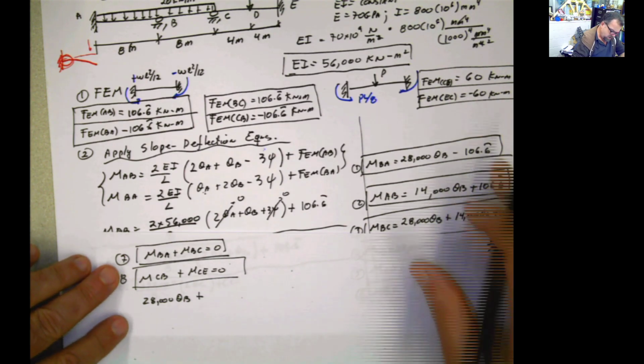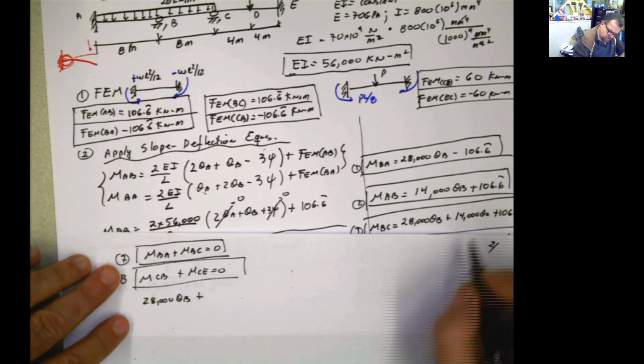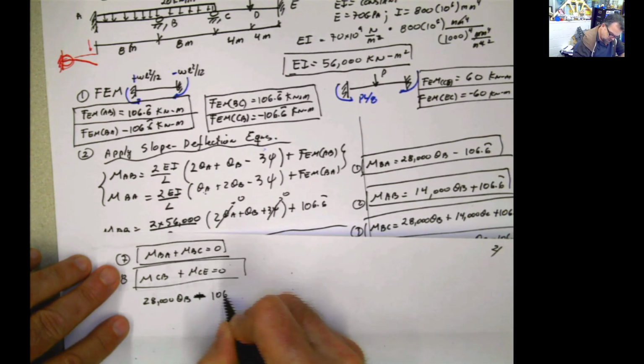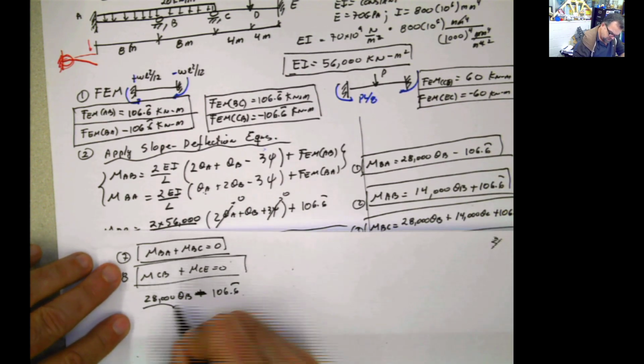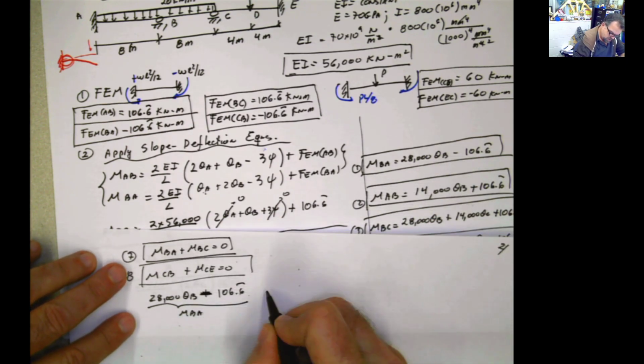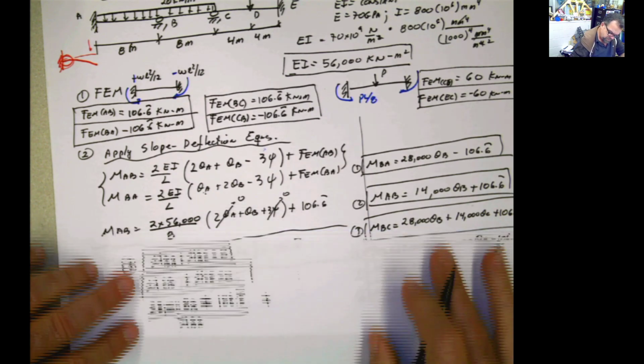Yeah, it's 28,000 theta B minus, there you go, minus 106.6 MBA plus MBC.